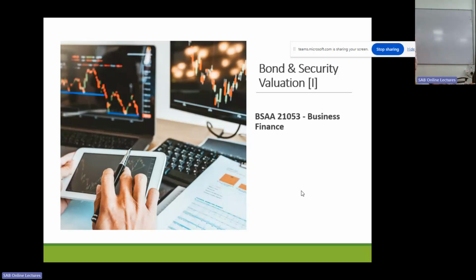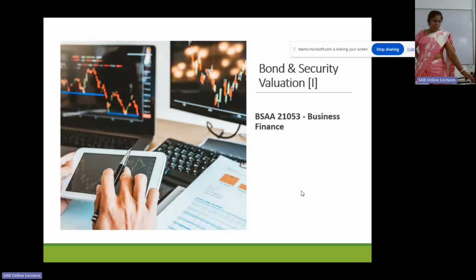Under this we discuss bond valuation, security, common stock valuation, and preference share valuation. Here we discuss financial asset valuation, but you can apply this concept of value not only to financial assets but even to real assets, to take a decision whether something is undervalued or overvalued.